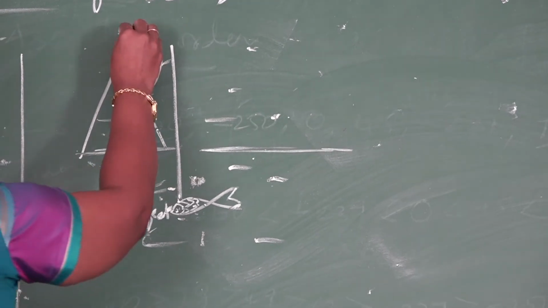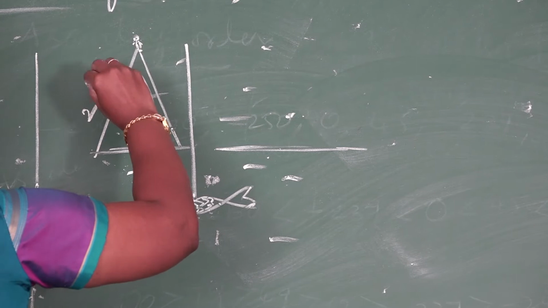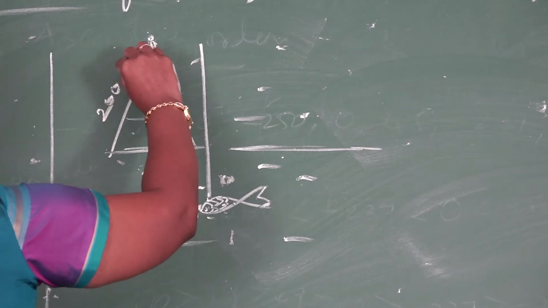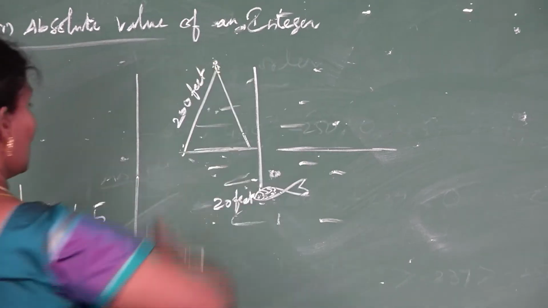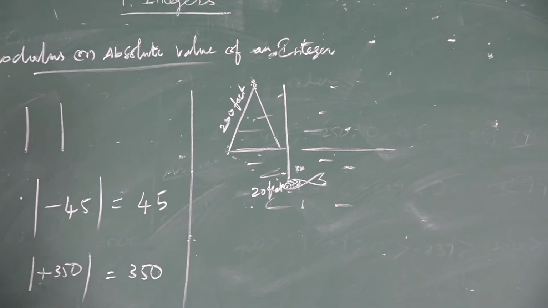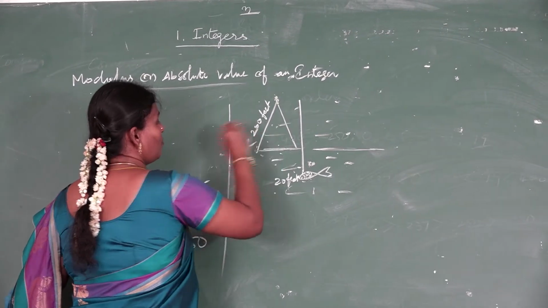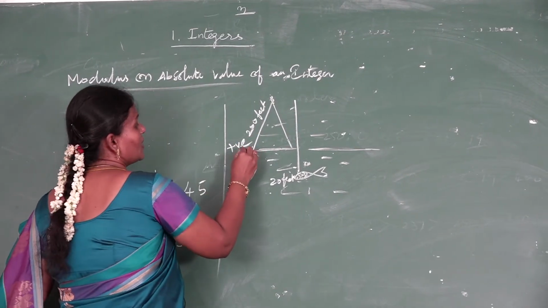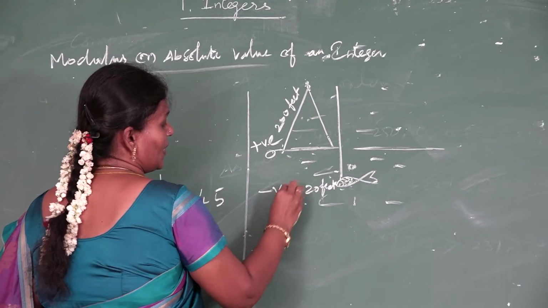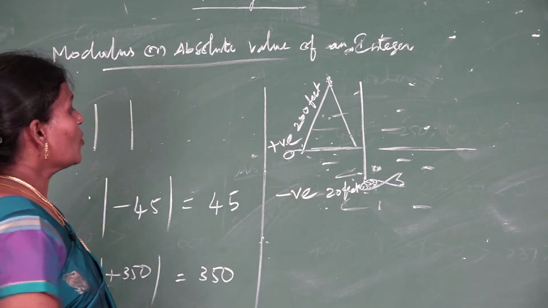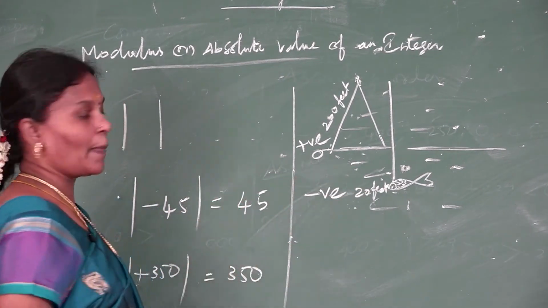The person is 200 feet above the sea level. Always, above the sea level is represented as positive. The sea level is 0. Below sea level is represented by negative numbers. So 200 feet below would be minus 200.